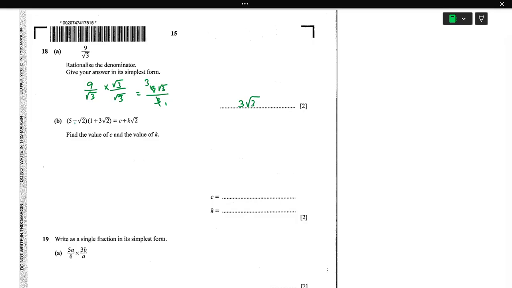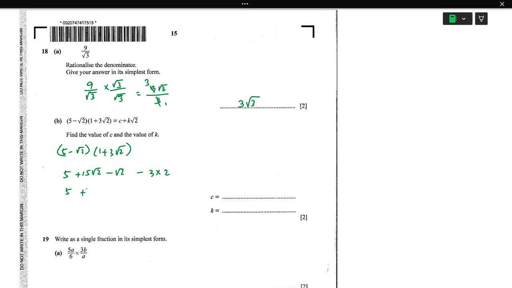The next one, I'll take the left side, 5 minus root 2 and 1 plus 3 root 2. So we'll expand this. 5 times 1 is 5 and 5 times 3 root 2 is plus 15 root 2, and root 2 times 1 is negative root 2, and negative 3 times root 2 times root 2 is minus 6.